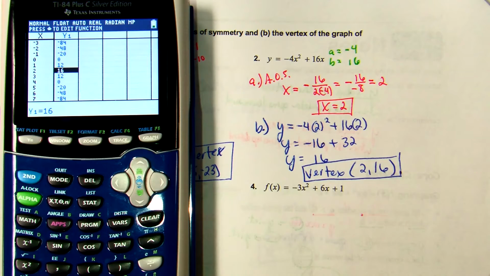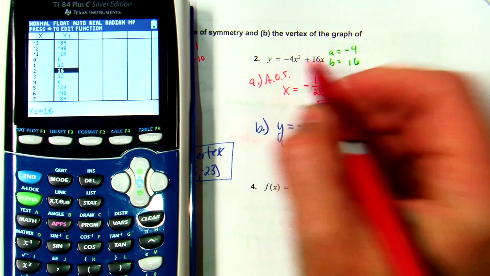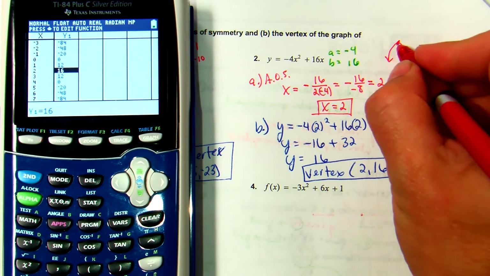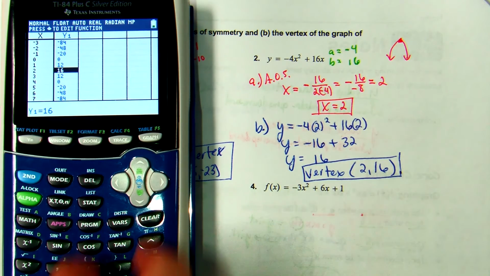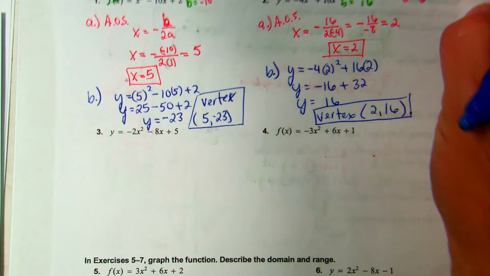If you look, it's a max because the negative in front of this 4 means that this points downward. So this definitely is a max at the vertex. Confirming that, we know our answer is correct. We can go on to number 3.